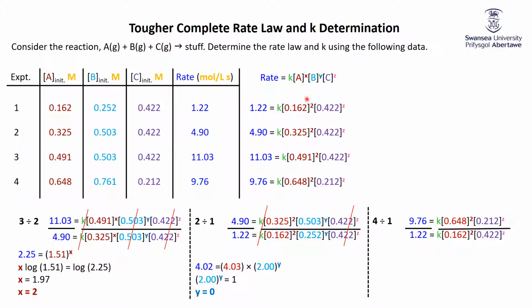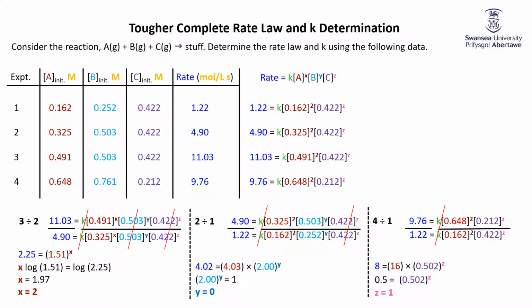Notice now there was no B term because y is 0. Again, we know the x term. Right, the A term there is squared. We can cross out the k's. We can say that this turns into 8. This 0.648 divided by 0.612 squared becomes 16. So we get 0.5 is 0.5 to the power of z. Thus z must equal 1.